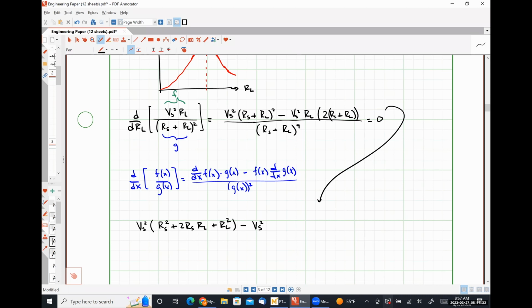So 2 RS times RL, then I'm going to have 2 RL times RL, so that's just 2 RL squared. 2 RL times RS is that. 2 RL times RL is that. All right. Anybody see any algebraic errors here? Genuine question because my brain does not appear to be working this morning.